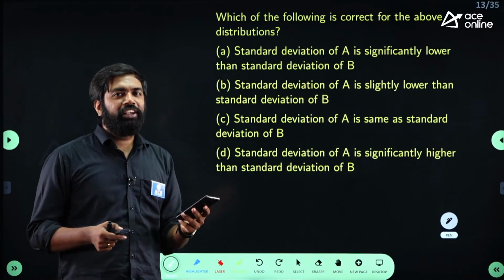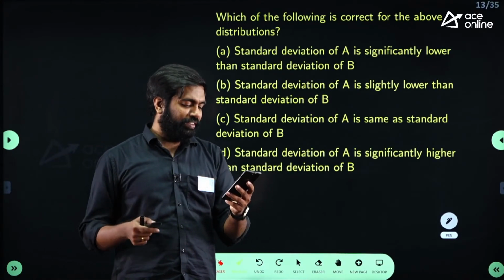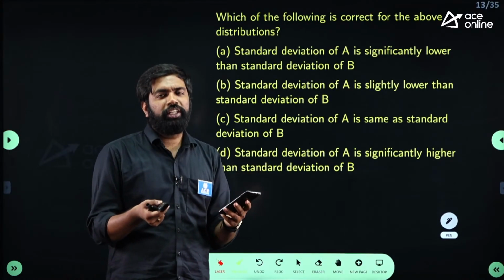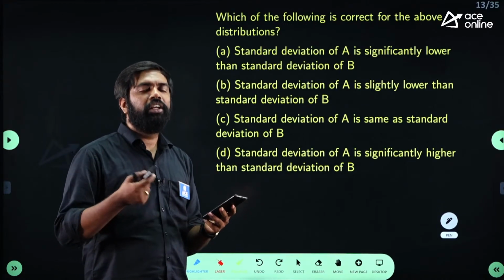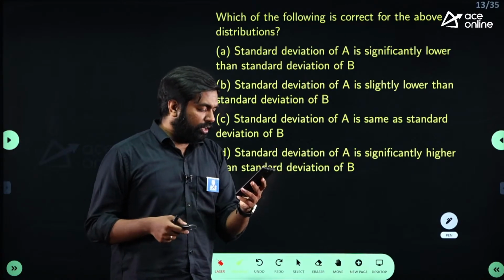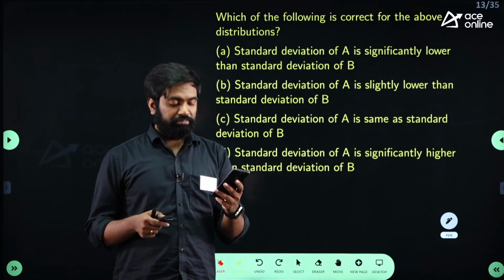Divya, is option C your answer for the present question or the previous one? Yeah, I think Divya has answered. She says B is greater. That means she wants to say that the standard deviation of B is greater than the standard deviation of A. So that's her answer. And another student also says B is greater. Okay.